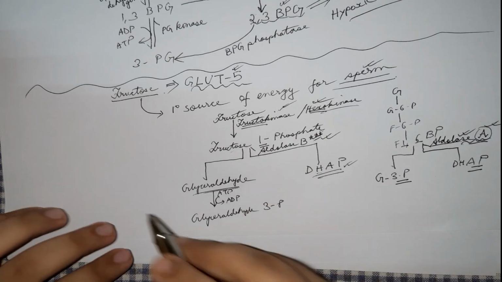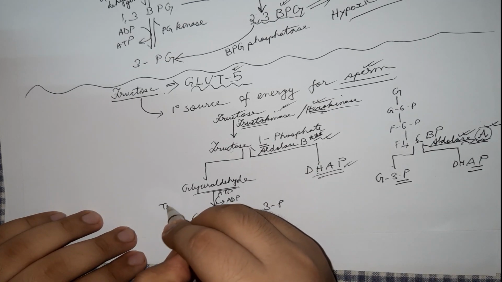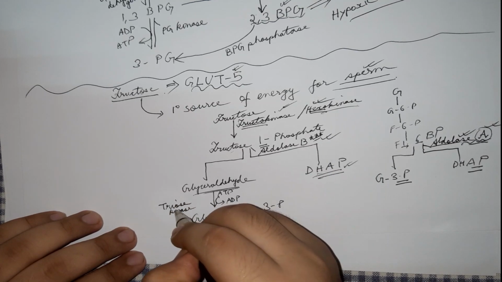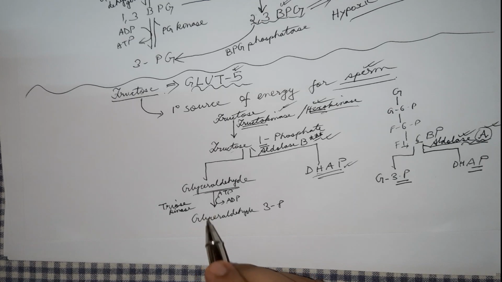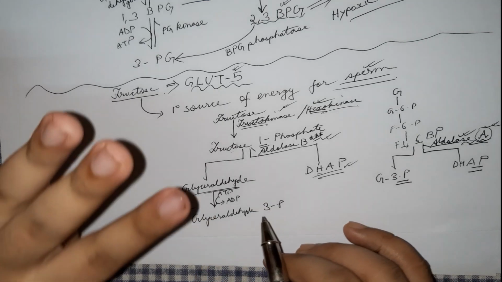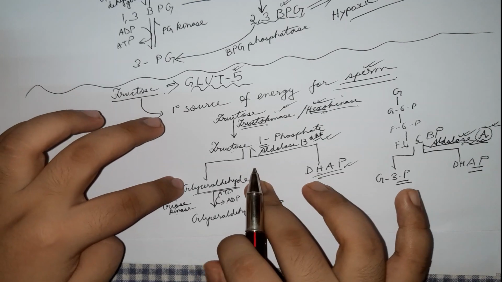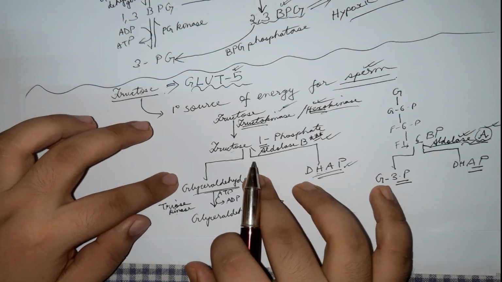Okay. By the way, the name of this enzyme is triose kinase. It is called triose because this is a 3-carbon compound. Glyceraldehyde is a triose, that is a 3-carbon sugar.